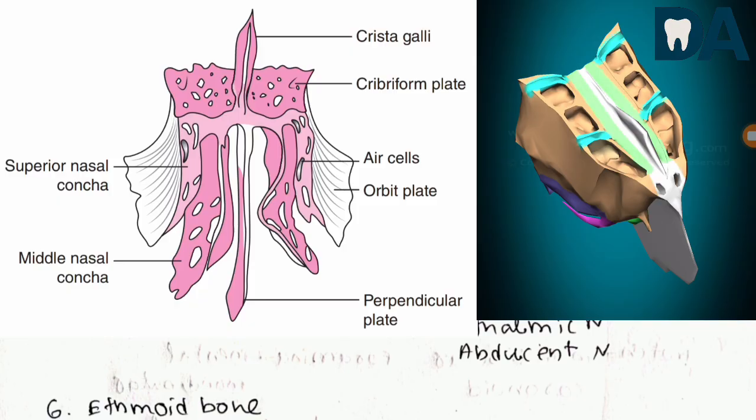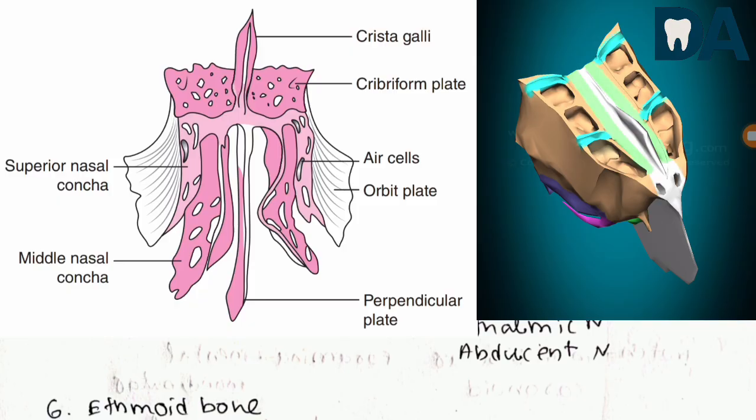Ethmoid sinus. The ethmoid sinuses are air-filled bone cells present on either side of the perpendicular plate. Crista galli. Crista galli is the superior spine-like extension of the perpendicular plate protruding into the cranial cavity.